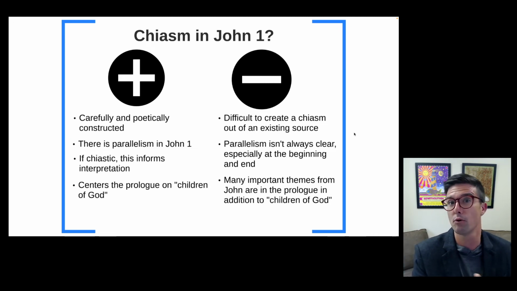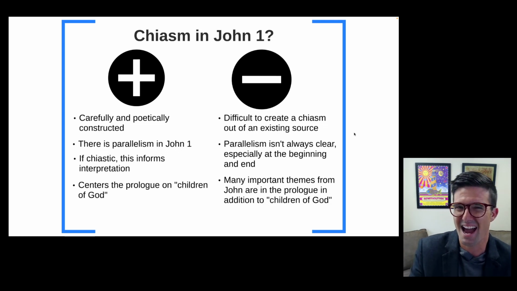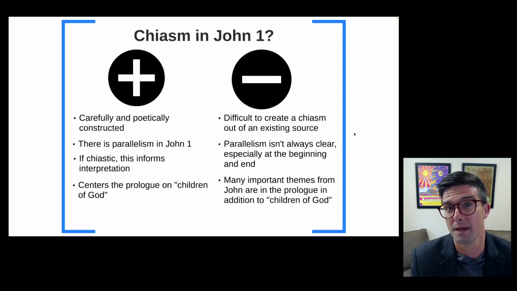I think it is one important theme among many other important themes. So to focus on that theme, or to see that as the interpretive key, is to do a little bit too much, to force the structure on the text, as often happens with chiasms, and try to make a mountain out of a molehill, in a sense. And I'm a little bit skeptical about doing that kind of thing.